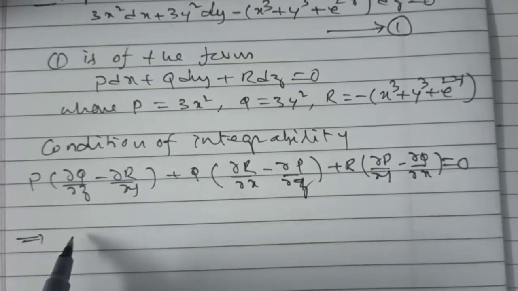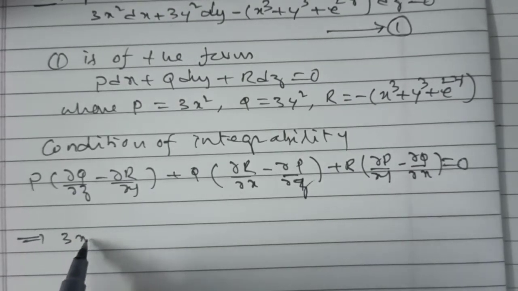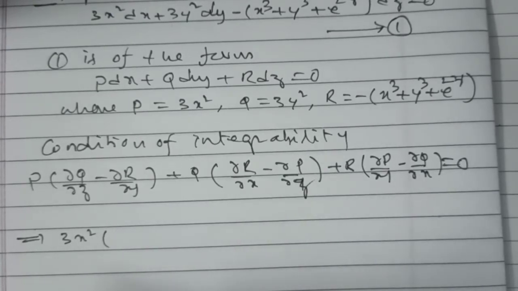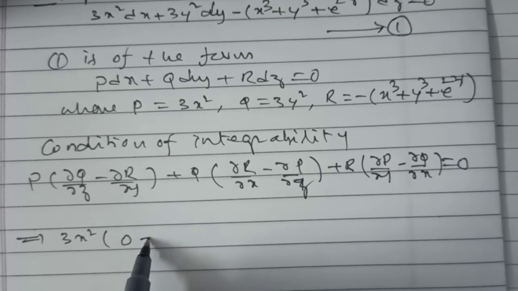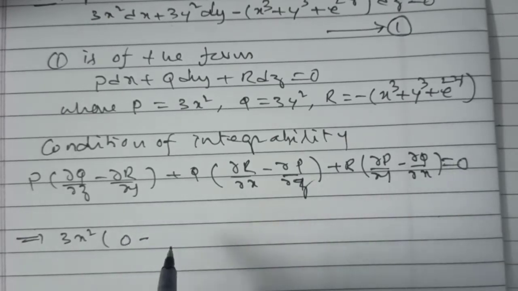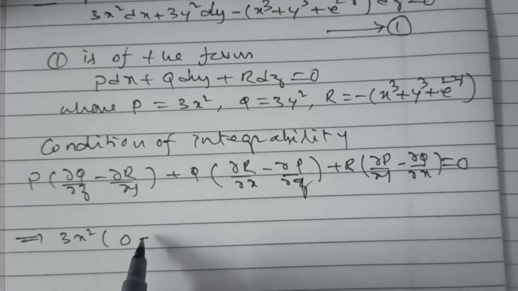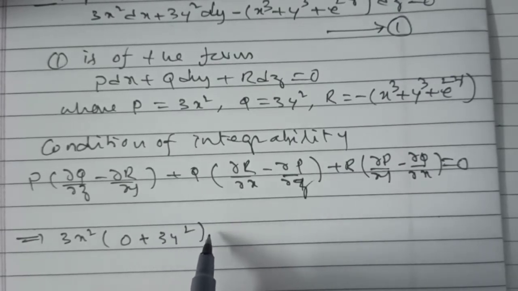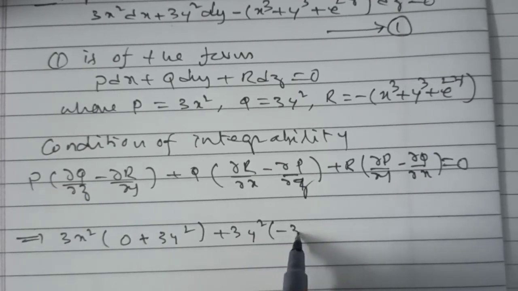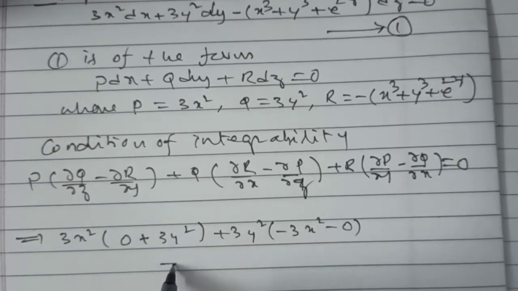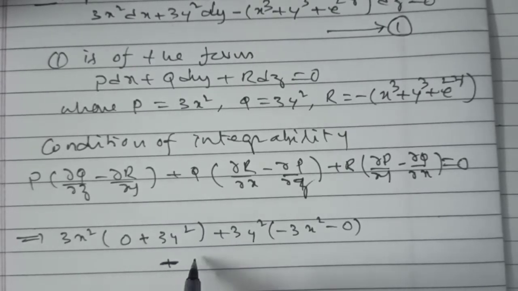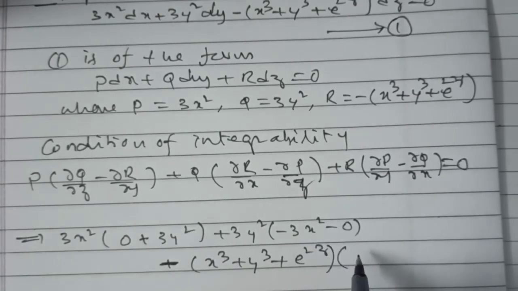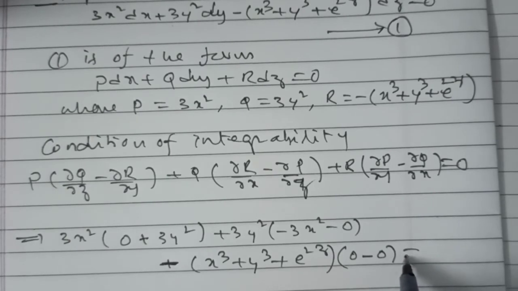This implies 3x square into, dou q by dou z is 0 minus dou r by dou y, it is minus of minus is plus 3y square, plus 3y square into minus 3x square minus 0. Plus r value, minus of x cube plus y cube plus e power 2z, into dou p by dou y is 0 minus dou q by dou x is 0, is equal to 0.